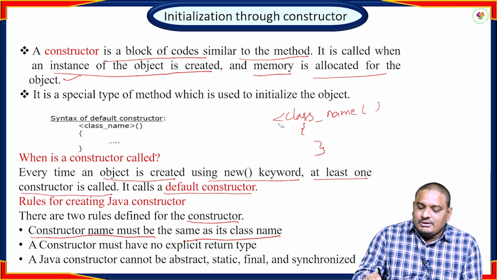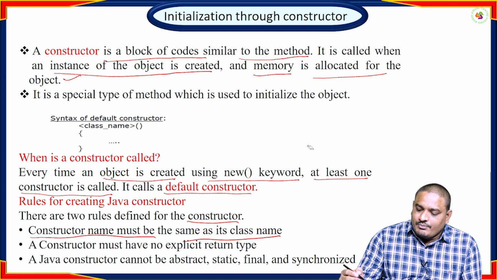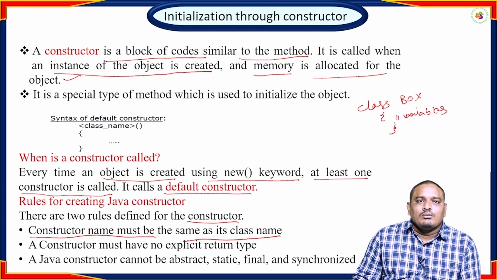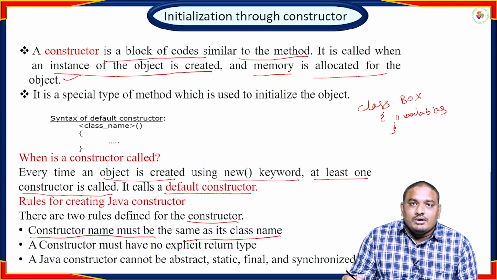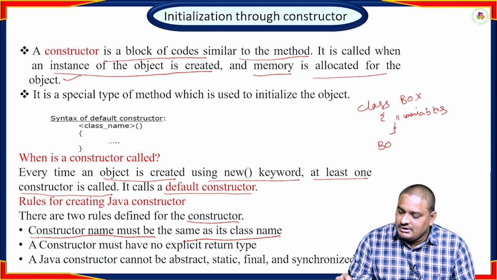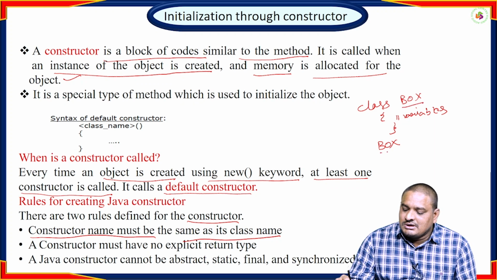See this one: suppose I create a class, and that class name is Box. We are assigning some instance variables. The constructor name should be the same as the class name. How? This one is the constructor. This is the class, and the constructor name should be the same.